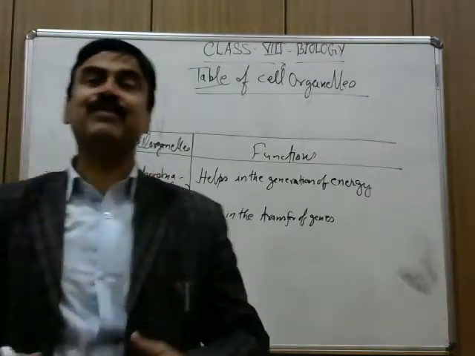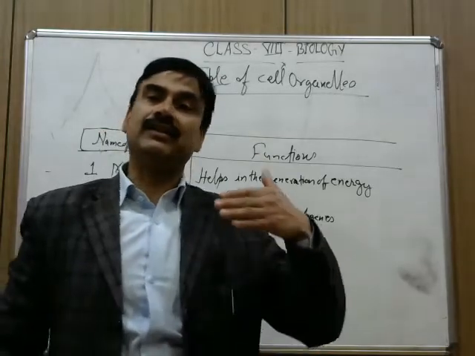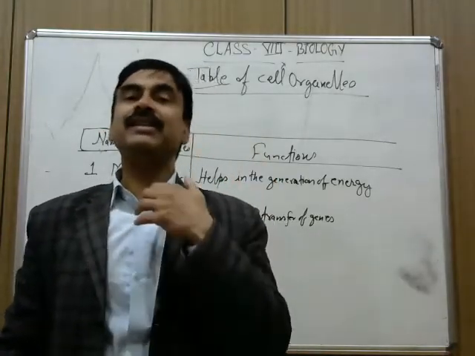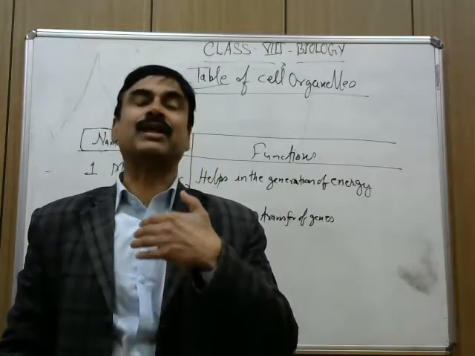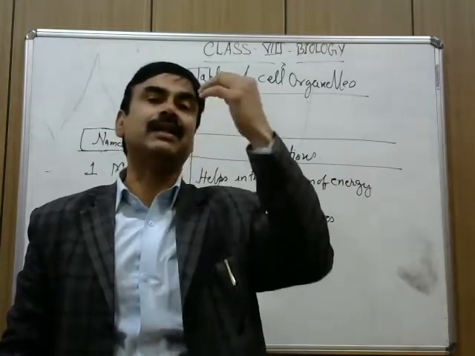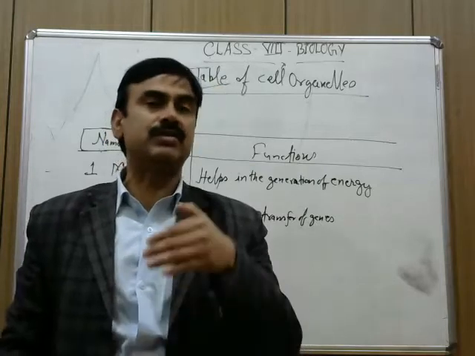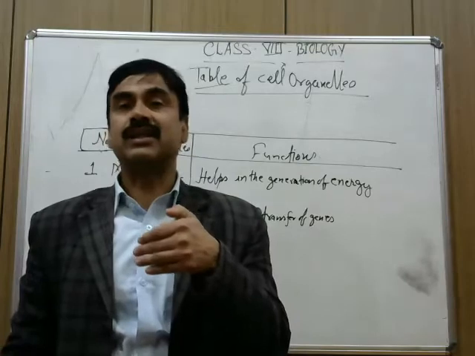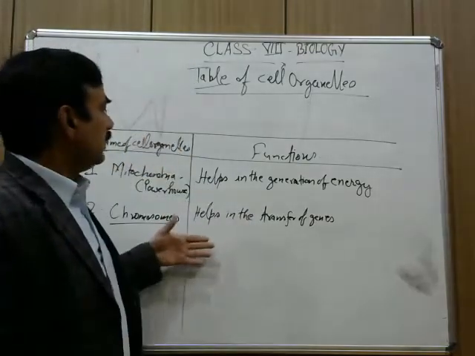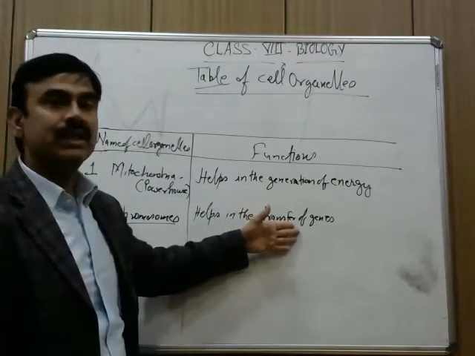Genes are the carriers of character. So the chromosome contains genes, and these genes carry the character of our parents, and then that character is going to be transferred into the coming generation, into their offspring, their son and daughter. So that is how it helps in the transfer of genes.